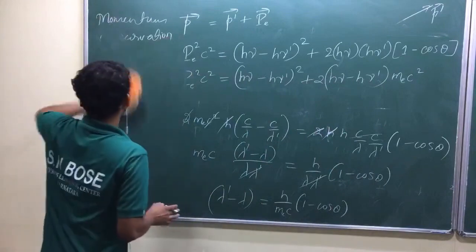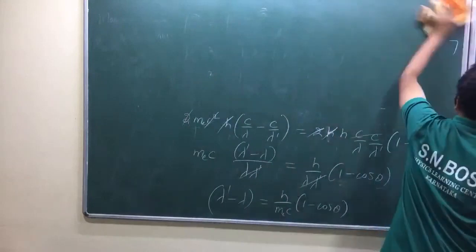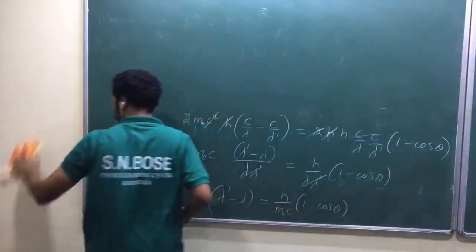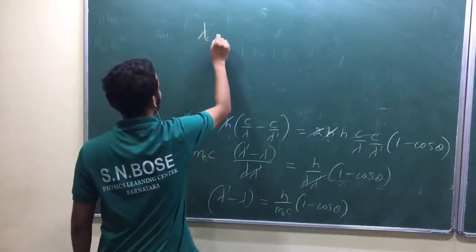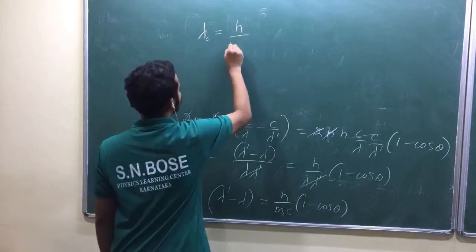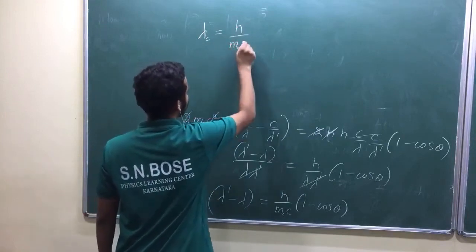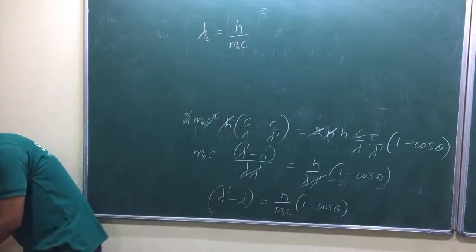Again, you should know this one. In some GATE exams, they directly ask this question. Only in the GATE exam, they may ask some questions on direct formulas actually. So they define lambda c as h by the rest mass of the electron into c. Those are constants, isn't it? You can just evaluate that.